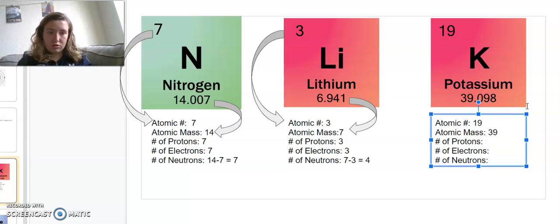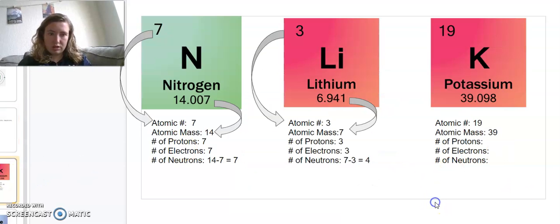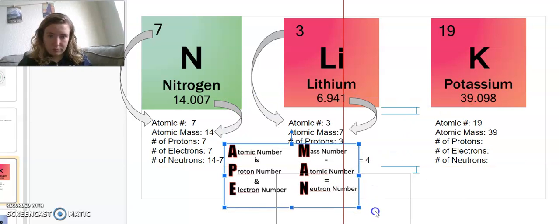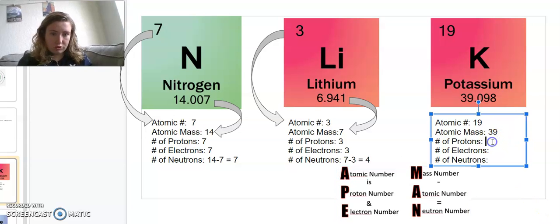Protons, I know to find protons, I have to do ApeMan. So I'm going to say protons is equal to the atomic number, which is 19.